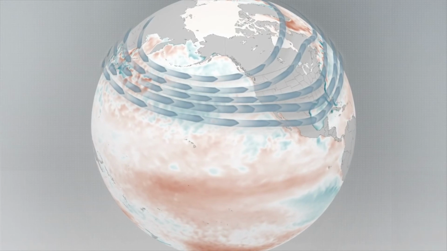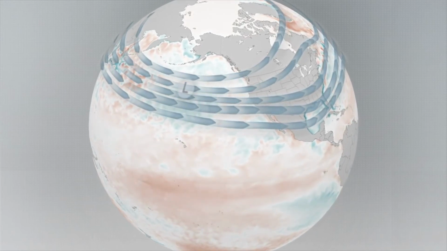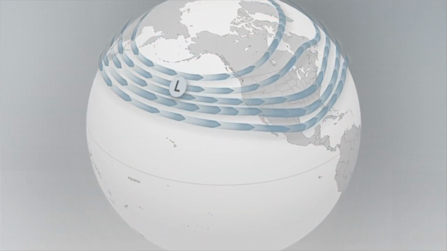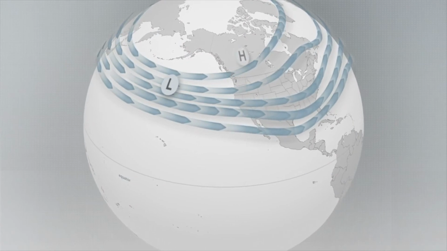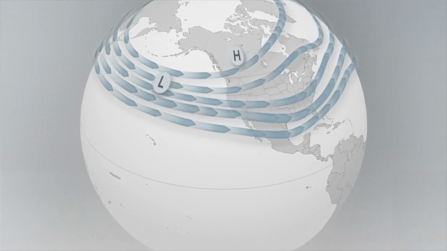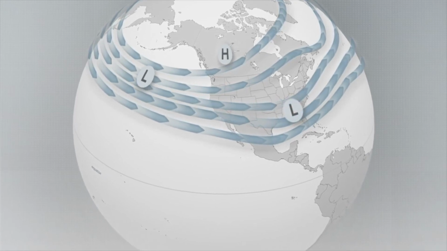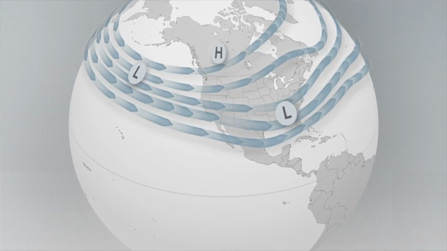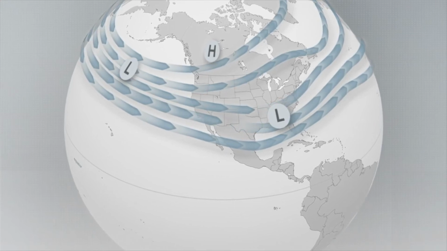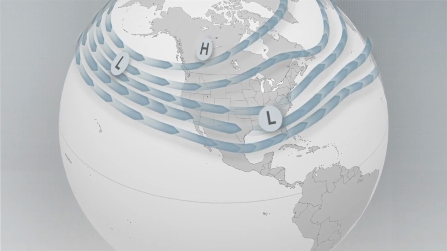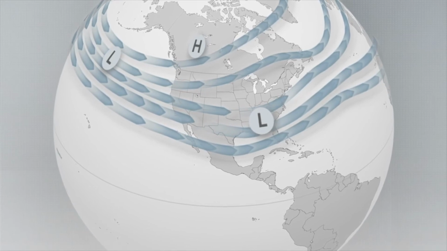A stronger eastward shifted jet stream favors low pressure in the Gulf of Alaska, higher pressure over western Canada, and lower pressure over the southeastern United States. This type of influence from one region to another over large parts of the globe is referred to as a teleconnection.